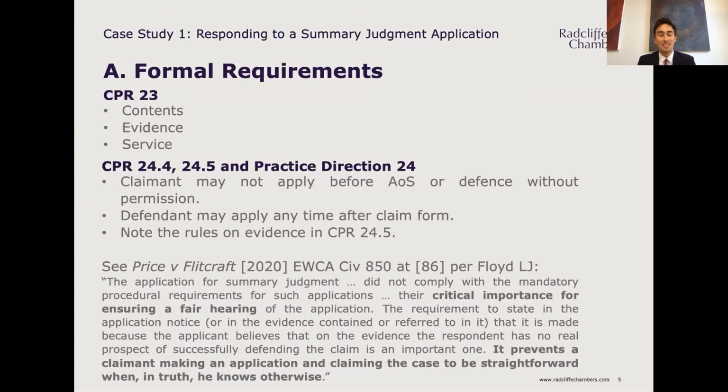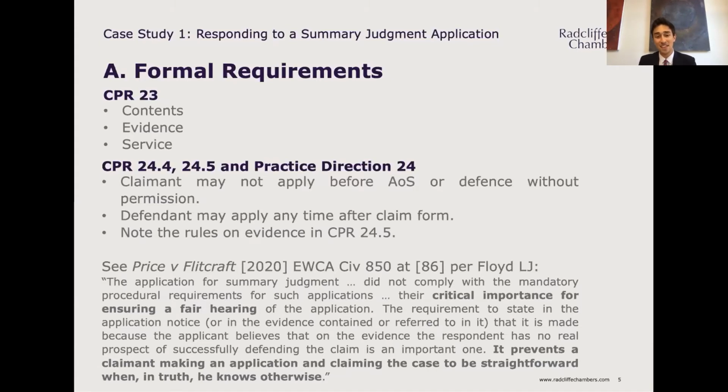Now here, the application notice, or indeed the evidence, had failed to state that the applicant believes that the respondent has no real prospects of success. Seems like a fairly formulaic requirement, but this prevents, in the words of Lord Justice Floyd, a claimant making an application and claiming the case to be more straightforward than he actually knows it to be.